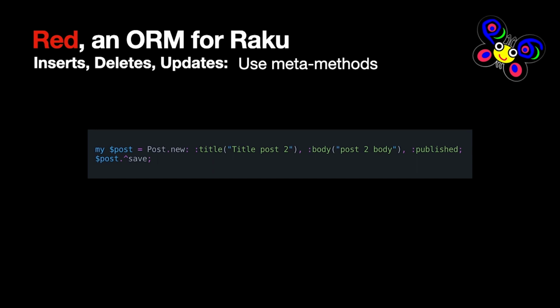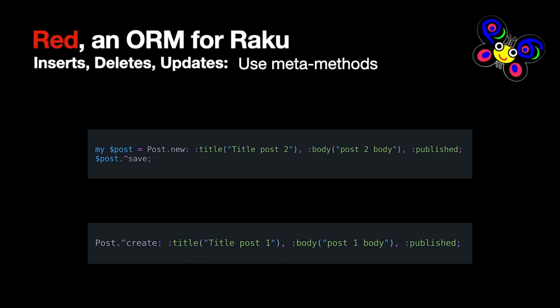Another way is using the meta method create. That's a shortcut for new and save. The create meta method also has many other shortcuts for creating many related rows at once using relationships and other kinds of stuff.